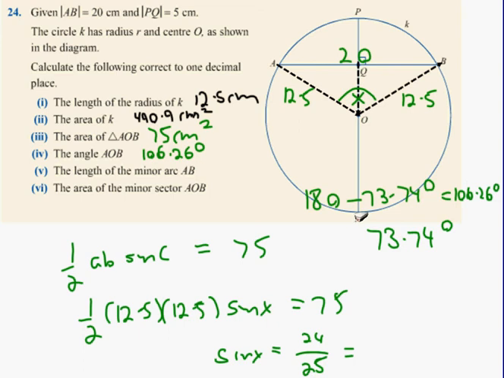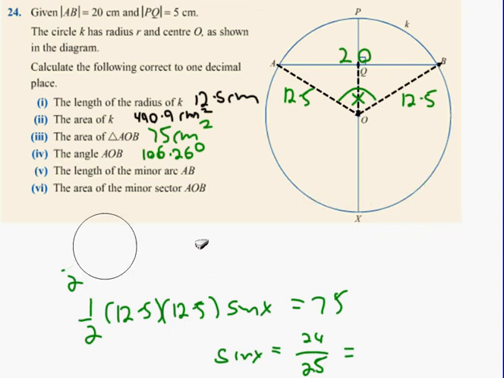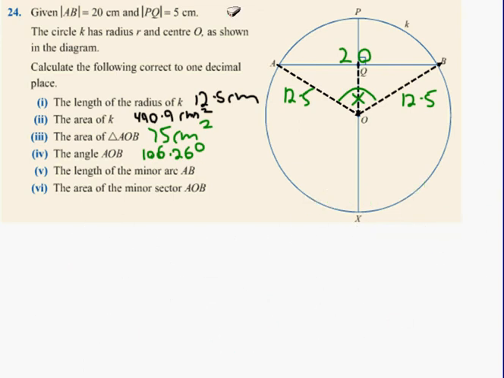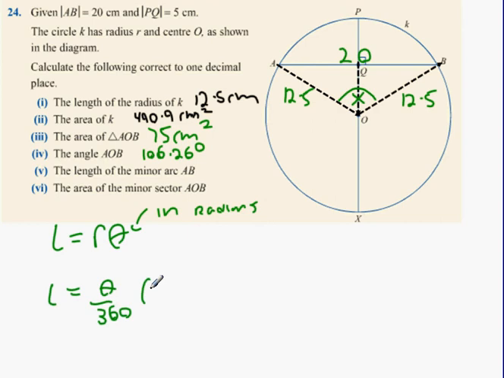Okay. Now, the length of the minor arc AB. Well, your arc formula is L equals r theta, where theta is in radians. Or L can be equal to theta over 360 multiplied by 2 pi r, where this time it's in degrees.